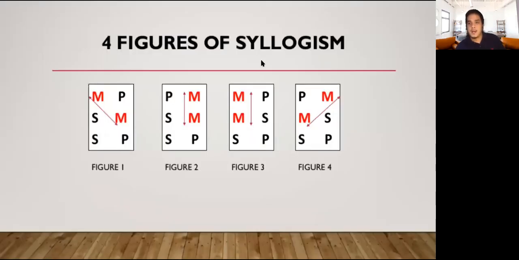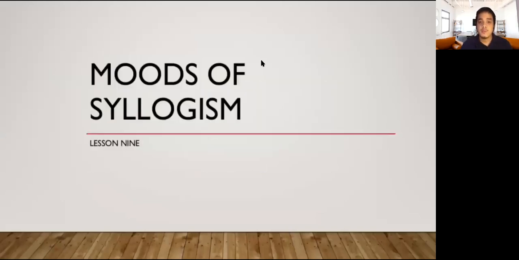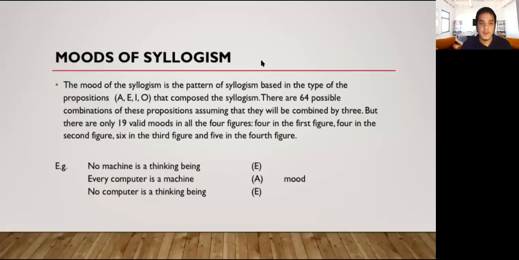But anchored to the figures of syllogism is what we call the moods. The moods of syllogism is the last test of validity for a categorical syllogism.